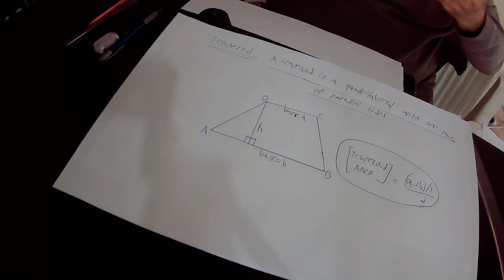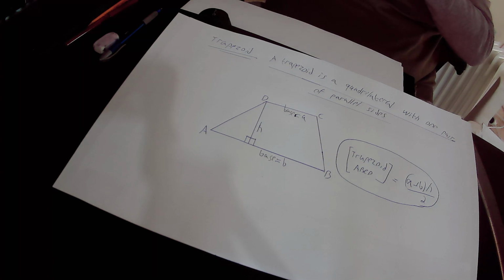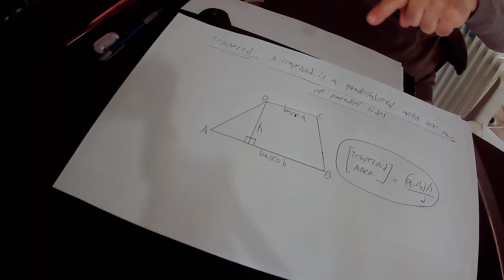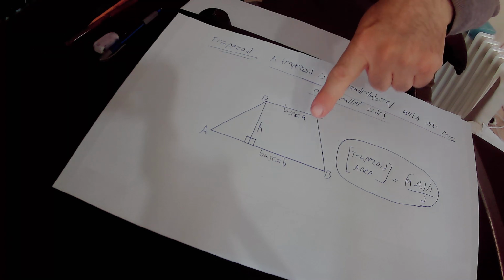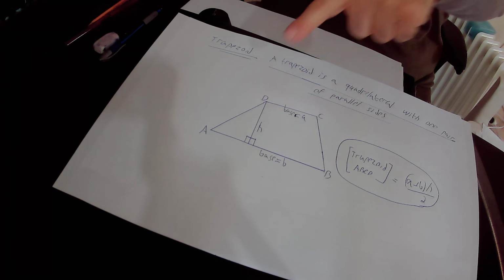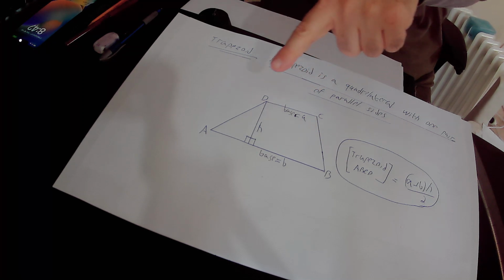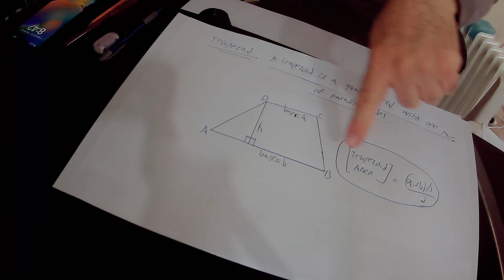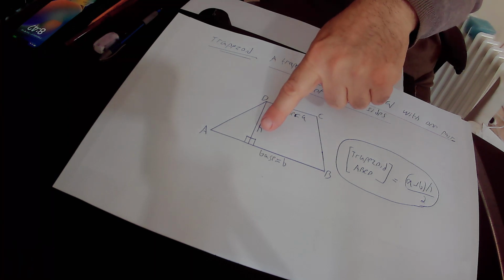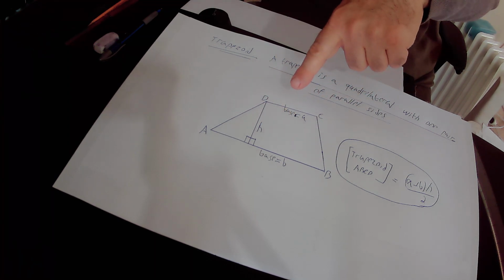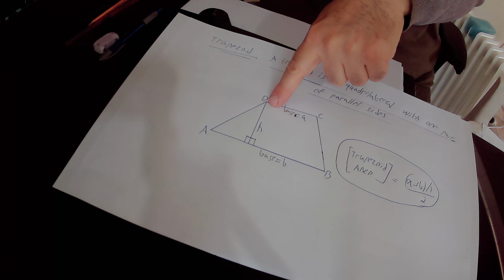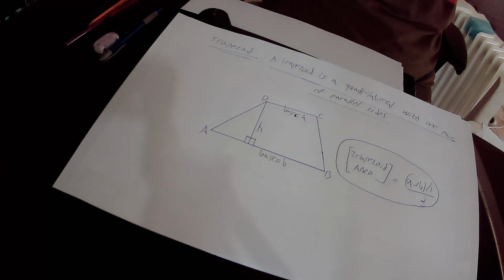So the area equals the sum of its bases, A plus B, times the height, h, over 2. The height must create 90 degrees with the two bases AB and DC. This angle equals 90 degrees, this angle also equals 90 degrees, and this angle is also 90 degrees.